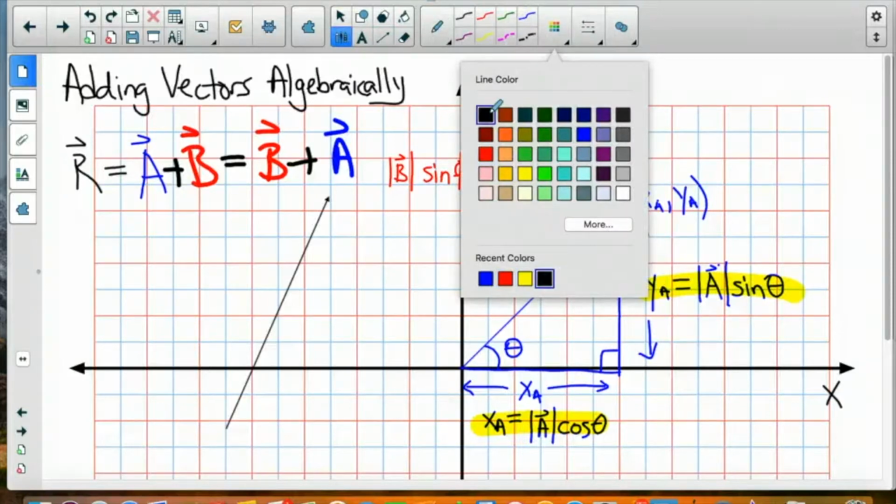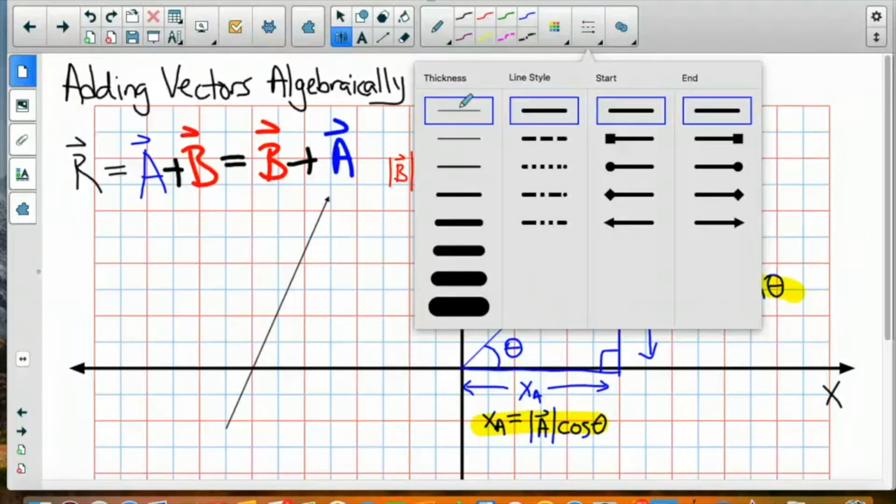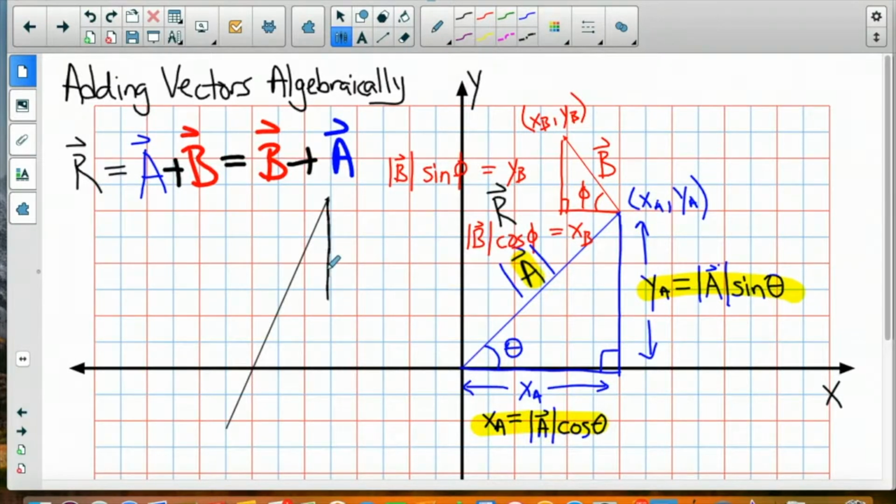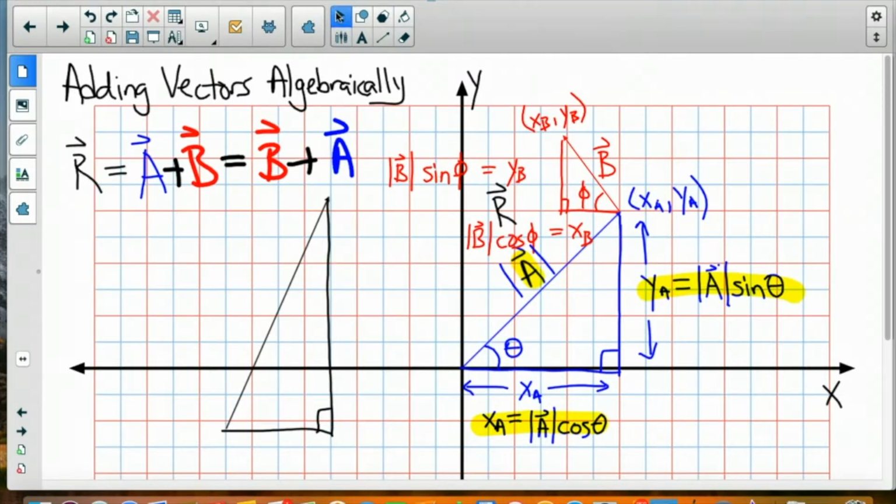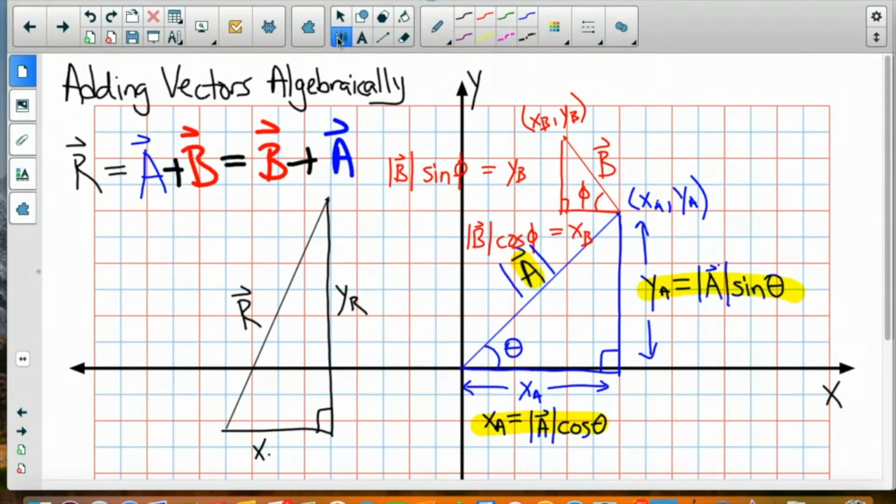We could do the same thing that we just did for vectors A and B. I could find the y and x components of the right-angled triangle that makes up my vector R. We'll call this side yr, and this side xr, and this angle here alpha, just so we don't mess up with theta and phi.